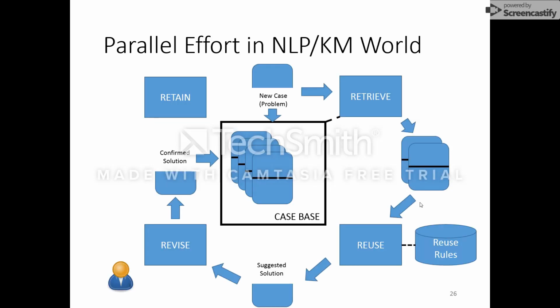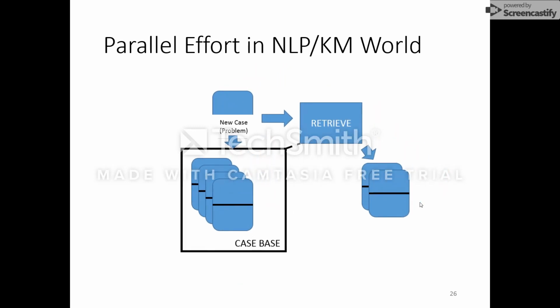And there has been a parallel effort in the NLP or knowledge management world, which addresses the task of being able to use historical question answer pairs or historical problem solutions in order to address a new problem. And that puts the retrieval problem in center stage. So you have the case base and you have a new case, and you retrieve similar or reusable cases for the new case from the case base.